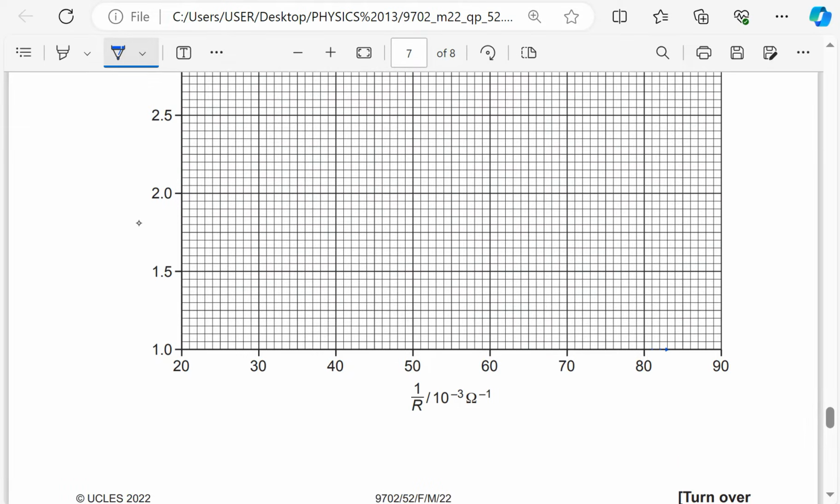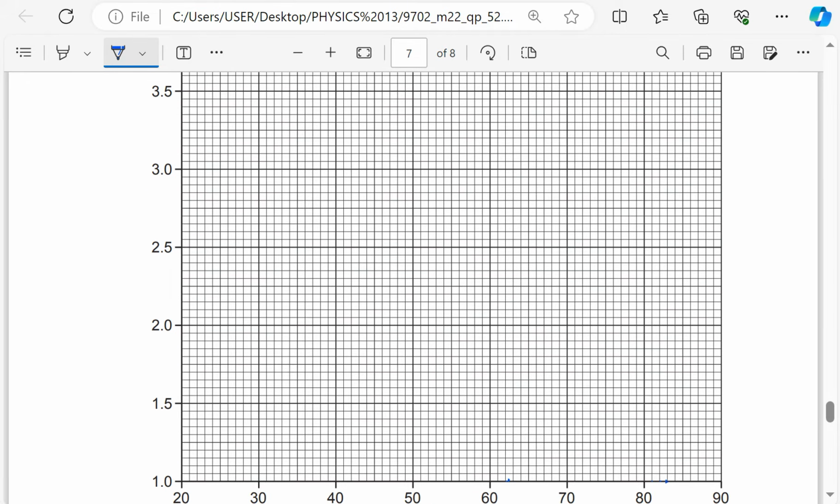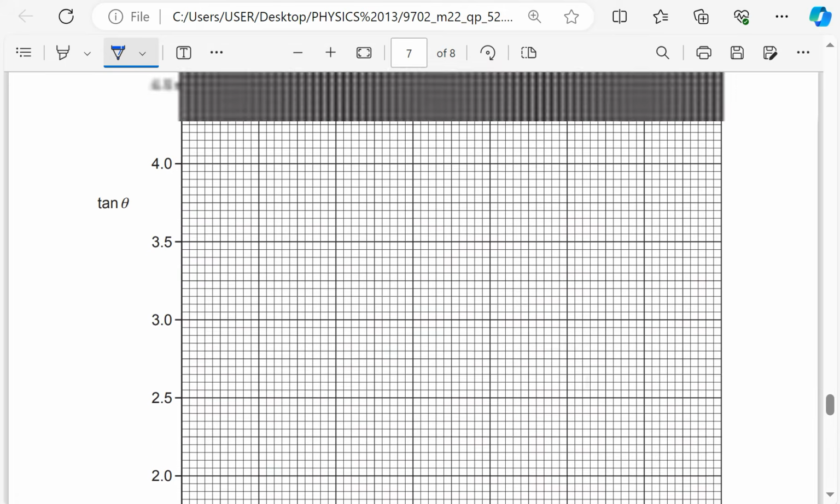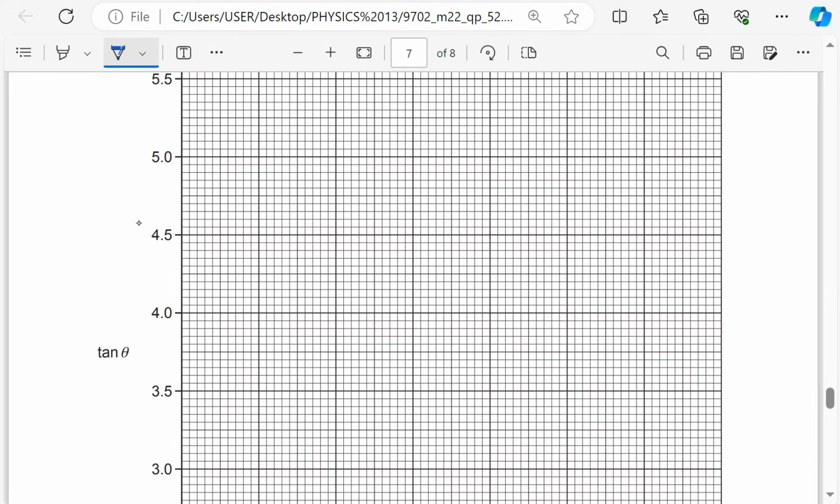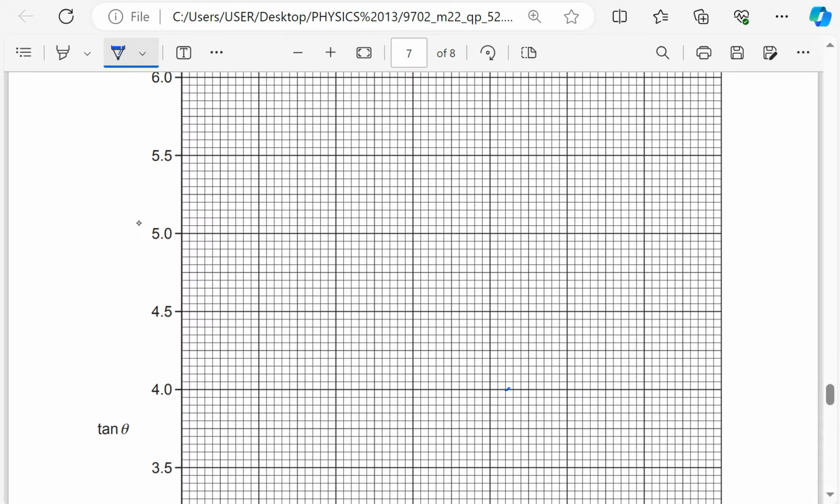My next point is 62.5. 62.5 is in the middle of the box, and it is against 4.511. So this is 62.5, 4.51, which is approximately 4.5.